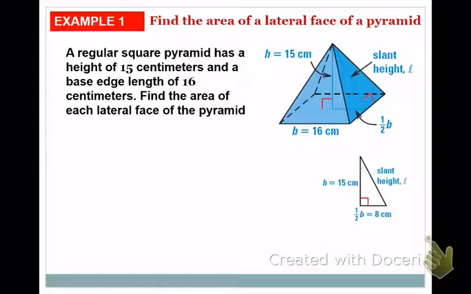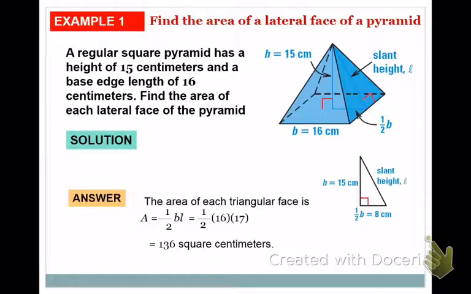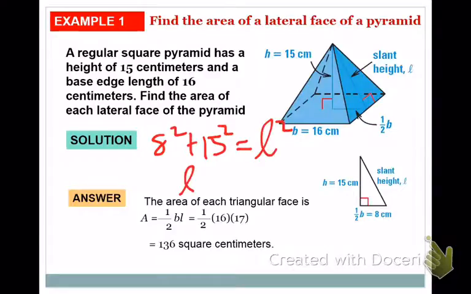We do the Pythagorean theorem and we get L. So you calculate L. For L you get 17 when you do the Pythagorean theorem. 8, 15, and 17 is a Pythagorean triple. They didn't show that part, so I would put that in your notes so you know how it was calculated. You did 8 squared plus 15 squared equals L squared. So L equals 17, right?